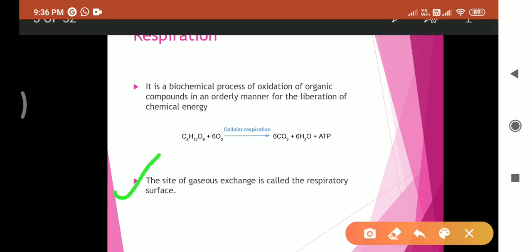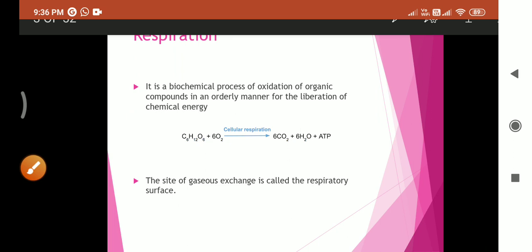Let's move on to the next point. The site of gas exchange is called the respiratory surface, and this is also very important. For this respiration process there is a requirement for a particular surface, organ or system. That is the respiratory system.